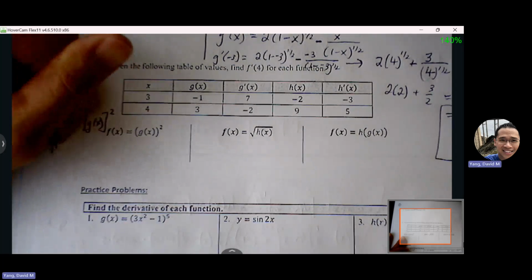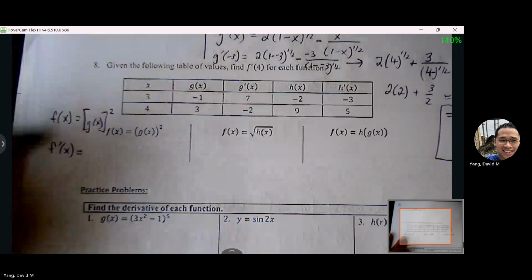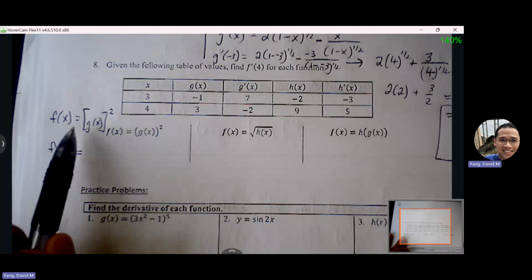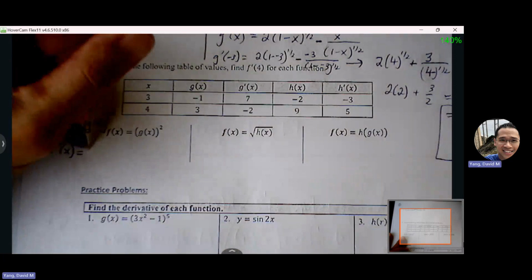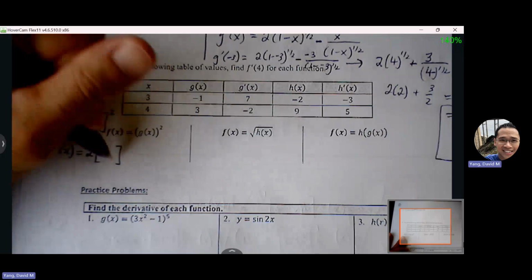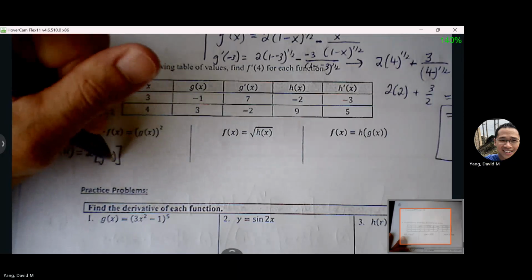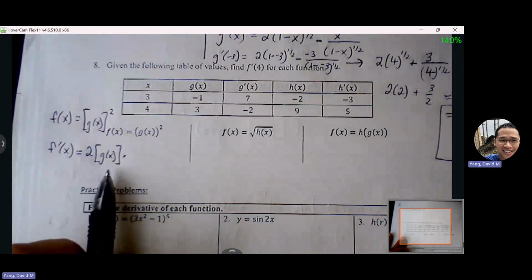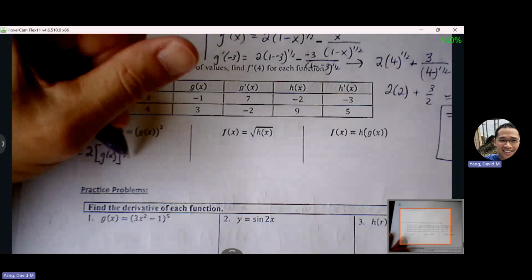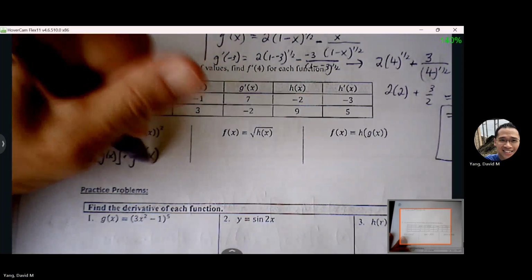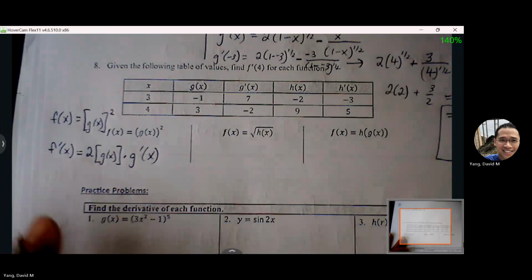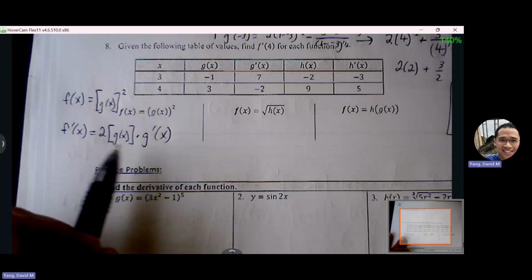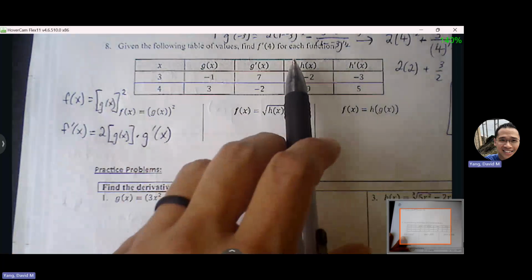So f prime bracket to the 1/2 bracket squared. I can go through power rule there. Outside portion is 2 bracket to the first power times the inside derivative. So g of x becomes g prime. And now, once I have my derivative spelled out, I can replace every x with 4.